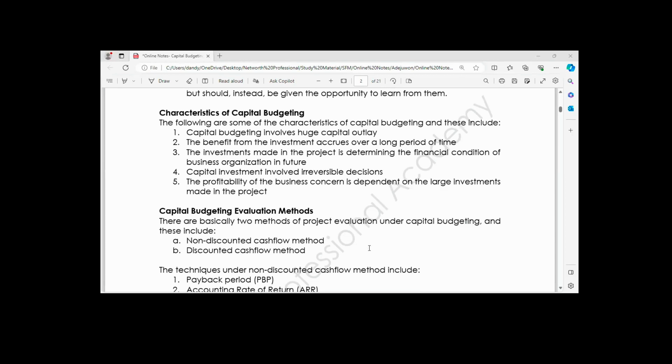I repeat, the discounted cash flow method is a method that takes into consideration the timing of cash flow and the time value of money.